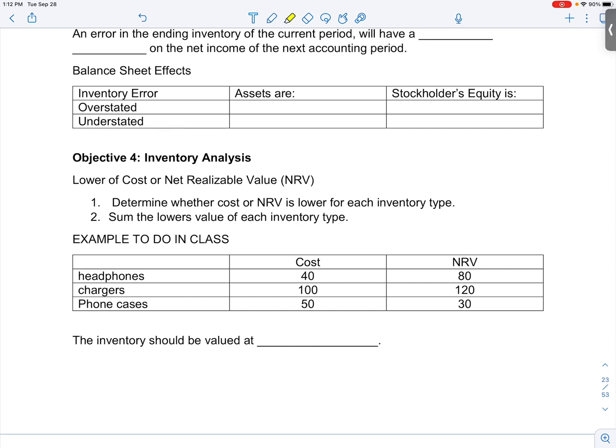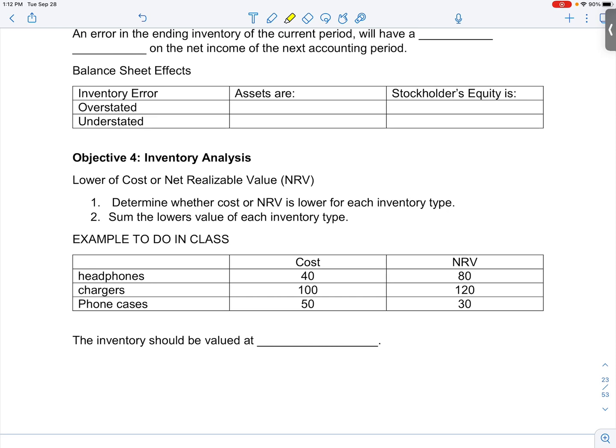This is a simple process, so don't overthink it. Sometimes when everything else is hard, we make everything hard. This is very simple. In this situation, you're just going to go through and pick the lowest number, add them together, and that's what your inventory should be valued at.